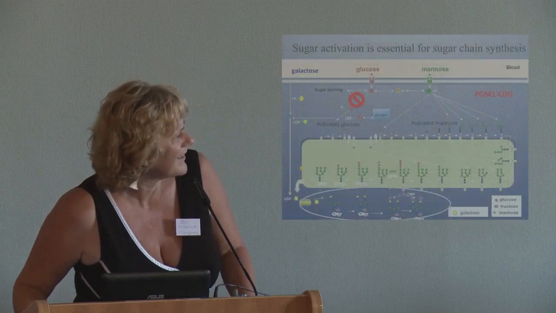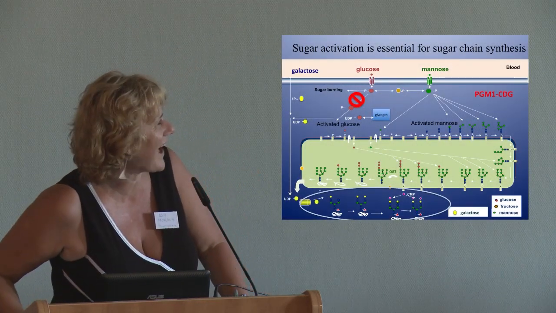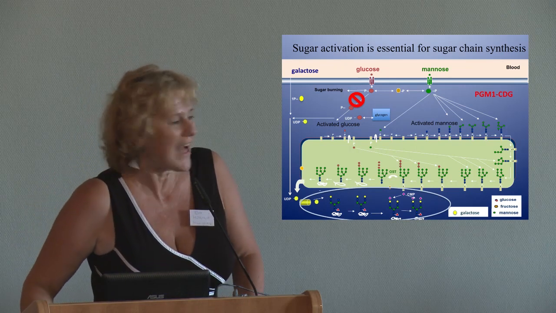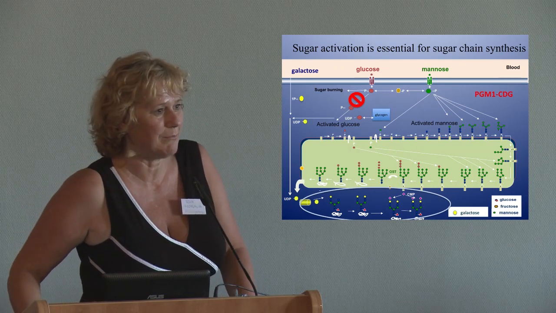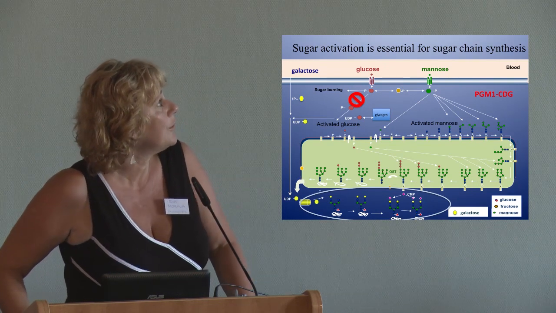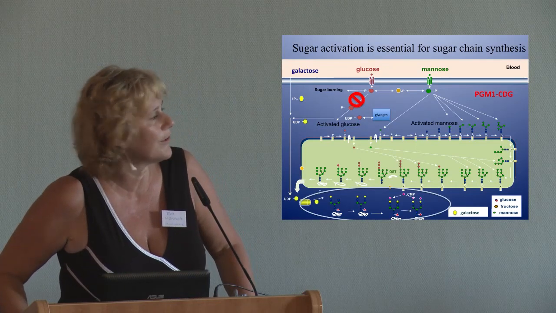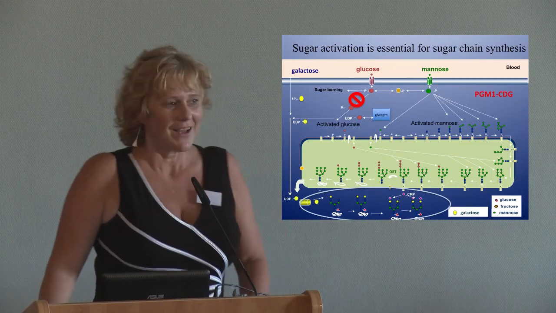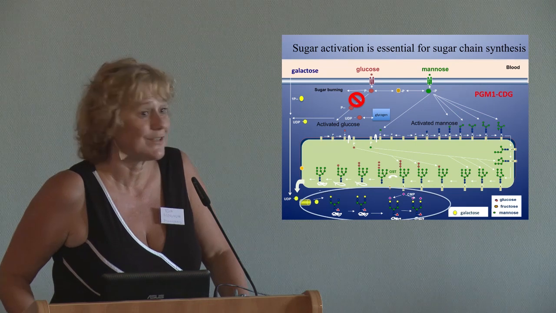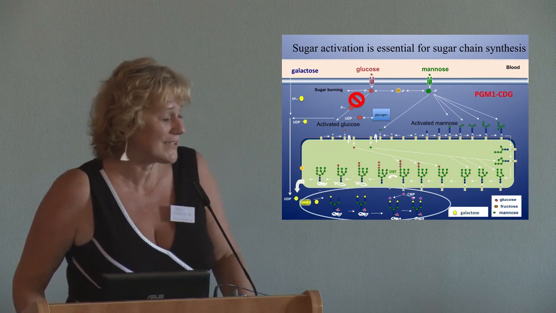What kind of defect is it? Oh my goodness, here is an even more complicated graph. This is the first graph, I just made it even mind-blowingly complicated. So if you look at your bloodstream, remember the first slide showed mannose and glucose swimming around. And of course, galactose is one of the most important sugars in your life, because that's how you start your life.